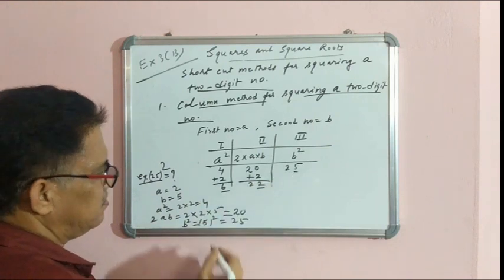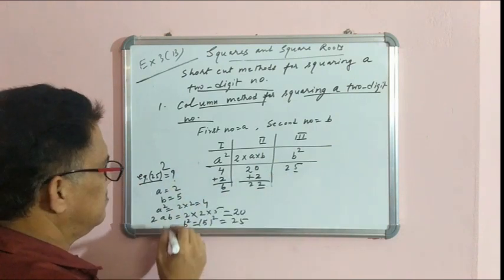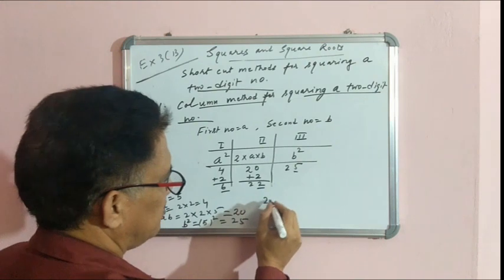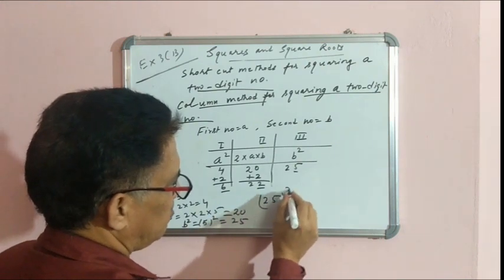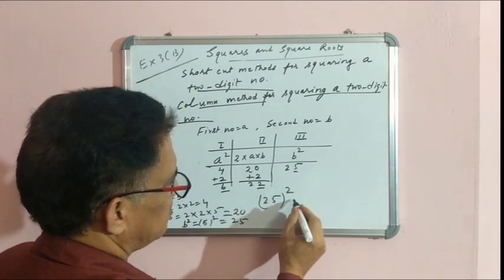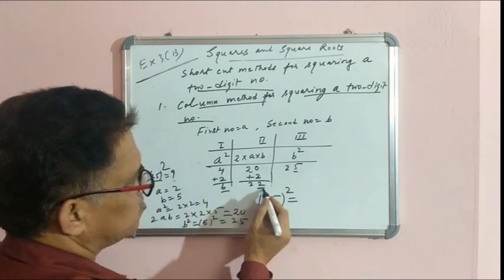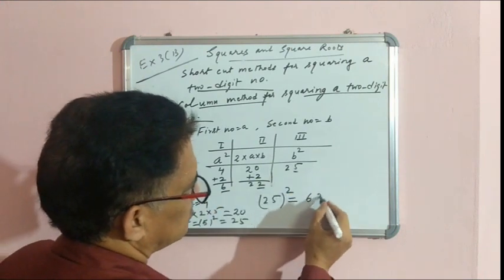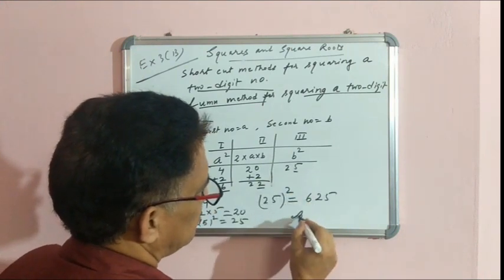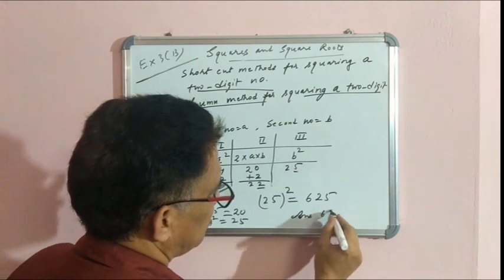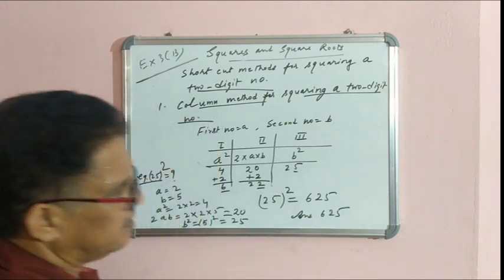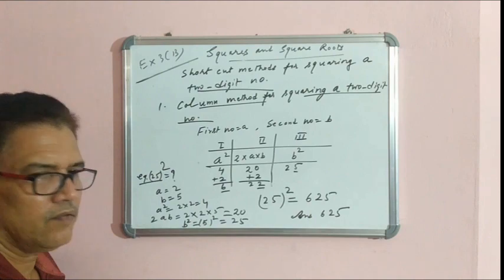We will consider only the underlined digits. So the square of 25 is equal to 625. So the answer of this example question is 625.